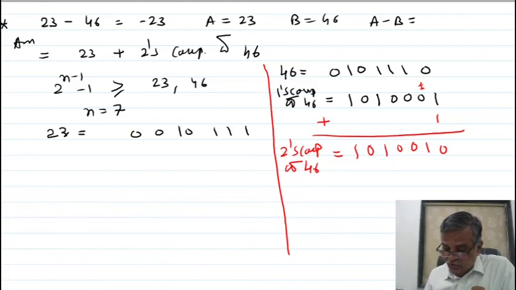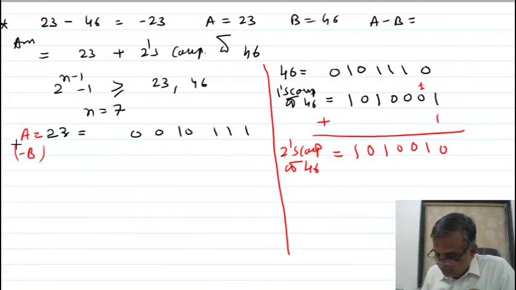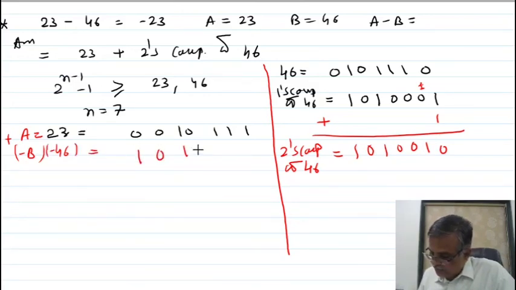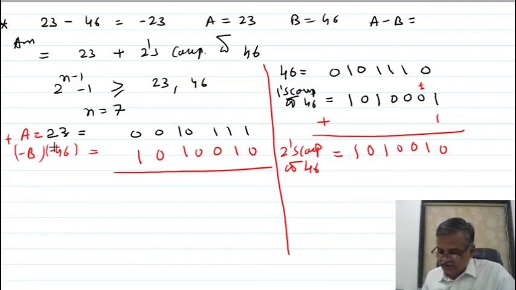I have to add this 2's complement to A, for minus B. A minus B is what? 46 here, I can write as 1, 0, 1, 0, 1, 0. I have to add this A and B.